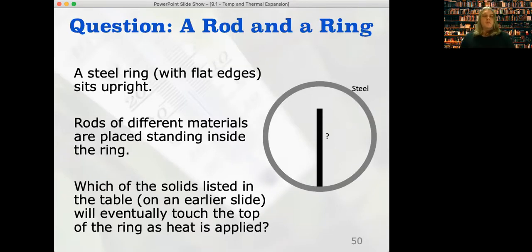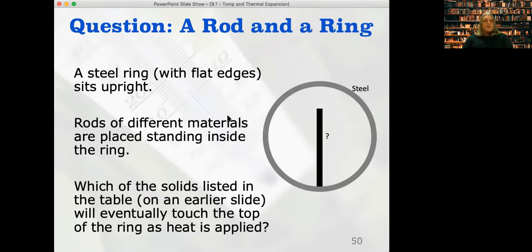So if we put that ring in some kind of chamber where we can change the temperature, we put the rod inside it, standing vertically like it's shown. We want to know which materials will eventually hit the inside of that steel ring as we heat both of them up. They're both going to expand, but which materials will actually hit steel?